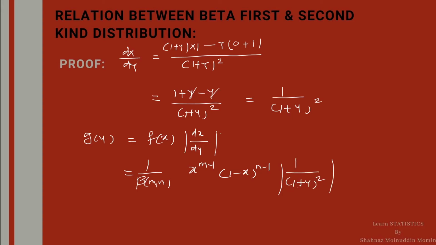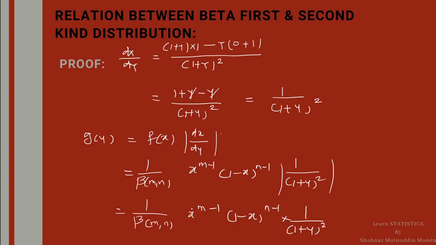Since 1 plus y bracket square is positive, it is 1 upon beta m comma n, x raised to m minus 1, 1 minus x raised to n minus 1, into 1 by 1 plus y bracket square.